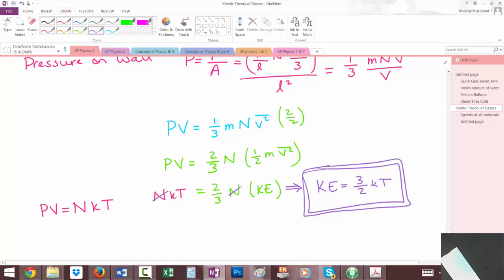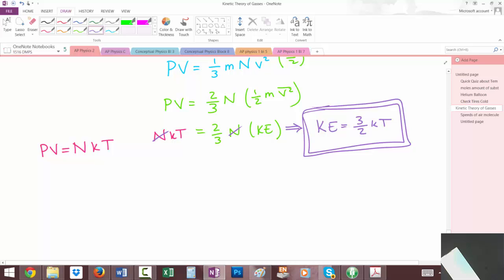So, the moral of that story, as a Physics 2 student, you're not just going to plug in numbers. We need to really think about what that means. It means that the average, because remember this is the average kinetic energy, and they're very specific about this being translational kinetic energy. We're not talking about rotation.